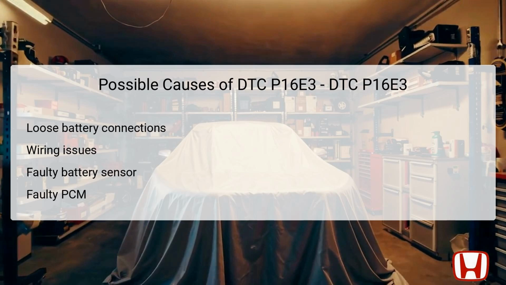If the sensor fails to operate correctly, it won't send accurate data, leading to communication errors. Lastly, issues with the PCM, including outdated software or internal faults, may also be involved in triggering this diagnostic code. Each of these potential issues requires careful inspection, as identifying the exact cause is critical for an effective resolution.